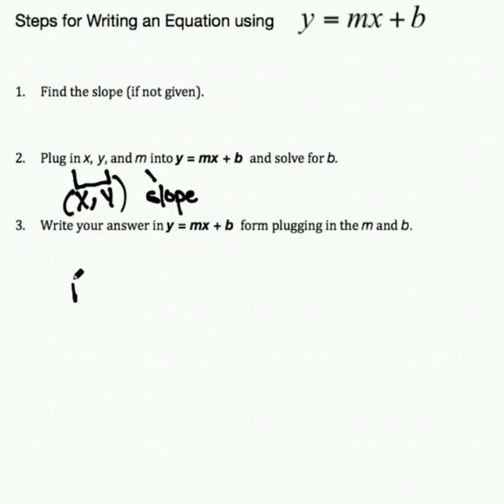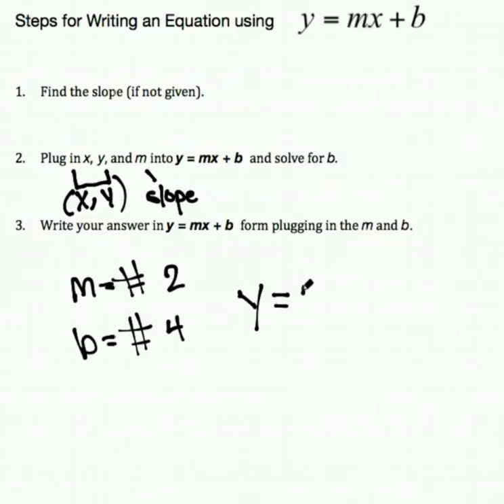So I'm going to have some value for m, and some value for b, and my answer is going to have those values in it. Let's say m is 2 and b is 4. My final answer would be y equals 2x plus 4. So in your final equation, x and y should be variables, and your m and b should have values.